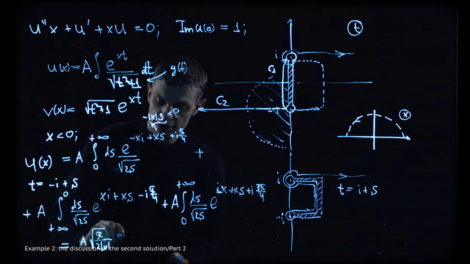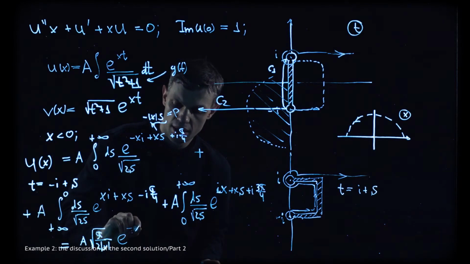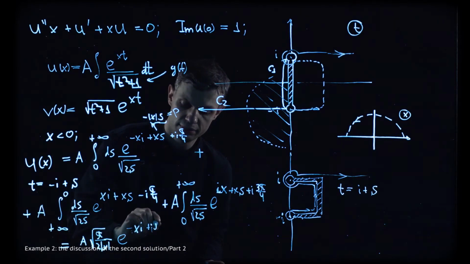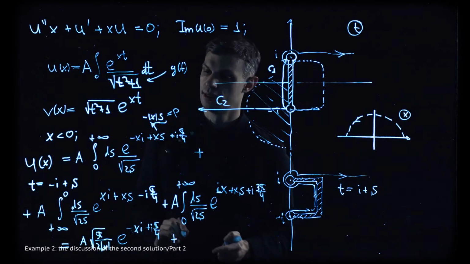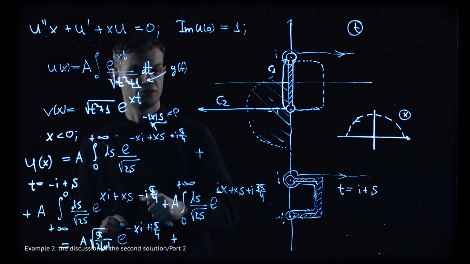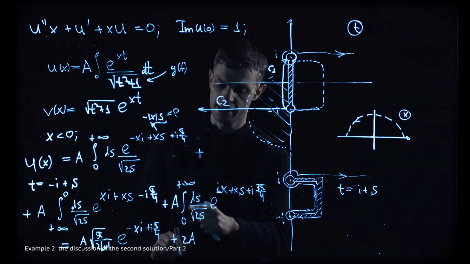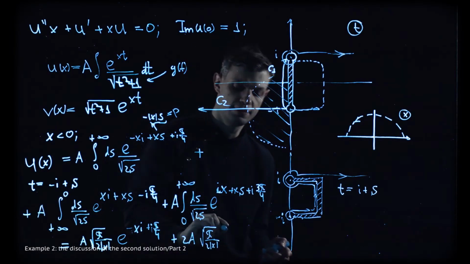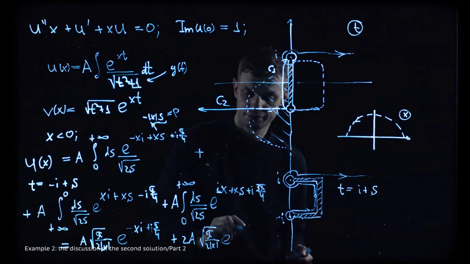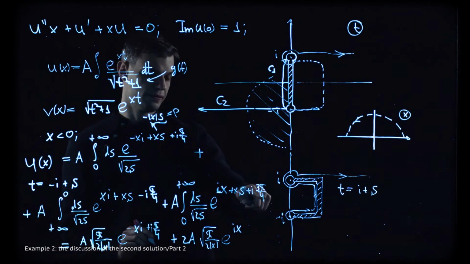All right, so here is the contribution from the lower branch point, which is minus xi plus i pi by 4. And this is, right, the contribution from the second, the upper branch point, which is 2a square root of pi by 2 modulus x times e to ix plus 3 pi by 4.